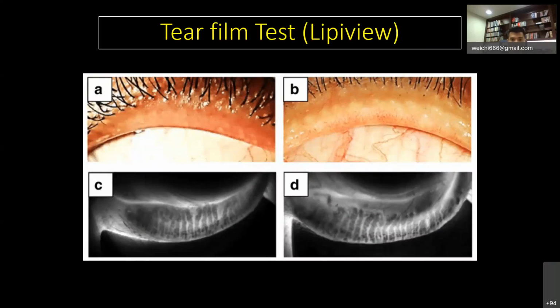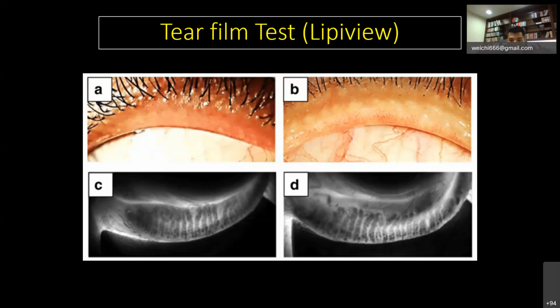And also right now we have a machine that helps us view the meibomian glands, to see if there's any gland inflammation or obstruction that would cause or accompany a dry eye scenario frequently.